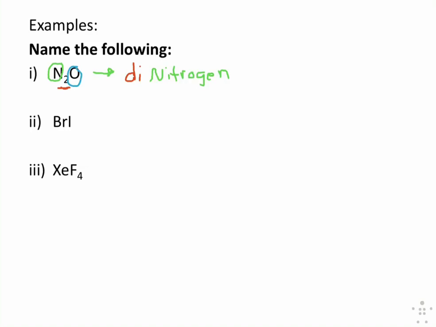We have an O, which tells us it's oxygen. We already talked about that ending, IDE. And we have an invisible 1 here, so we know it's monoxide. Okay, so N2O, dinitrogen monoxide.